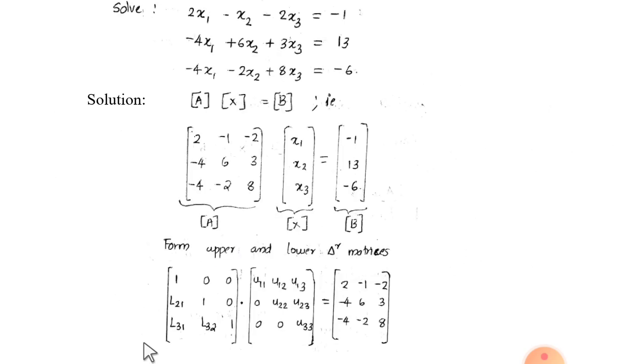Substituting those values, you can get the L matrix and the U matrix. Putting the value of L21 in the lower matrix and the values of U11, U12 in the upper triangular matrix, thus you will get the L and U values.